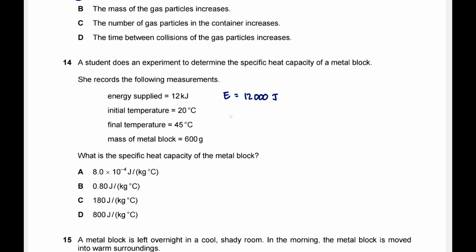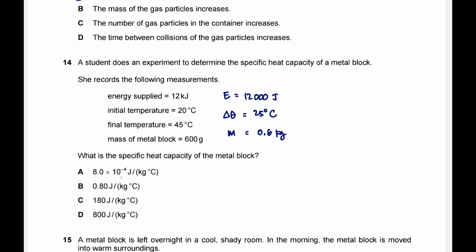Therefore, the change in temperature, delta theta, is 45 minus 20, so 25 degrees Celsius. Then the mass of the metal block is 600 gram. So I'm going to convert it to kilogram. So we have 0.6 kilogram.